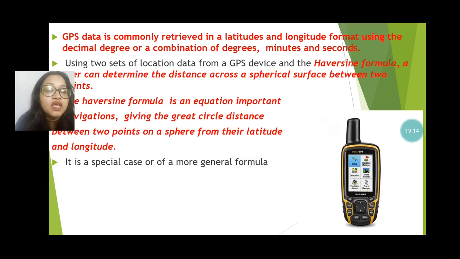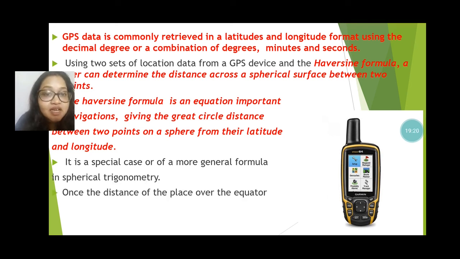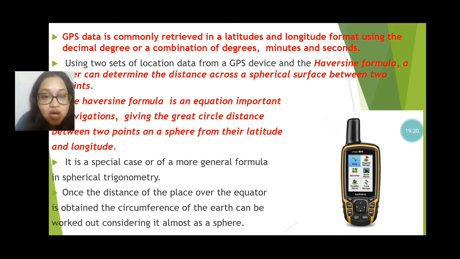Okay. This is a special case of a more general formula in spherical trigonometry. And once the distance of the place over the equator is obtained, the circumference of the earth can be worked out considering it almost as a sphere. You can see the picture.